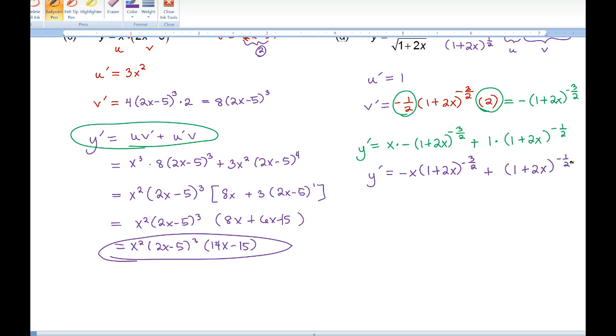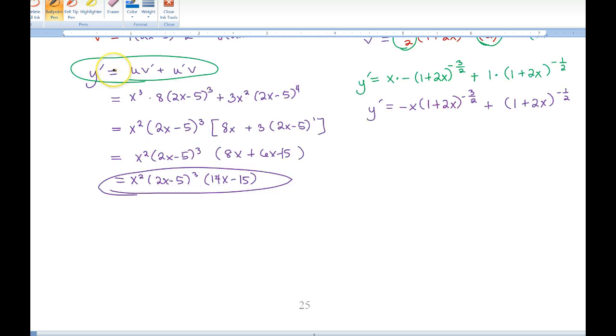Now this is where the algebra gets tricky, and I know that it's really hard to see what we want to factor out. Sometimes I think it's helpful to think of an easy algebra problem, like, let's say we have 2x squared plus 5x to the third. So what could you factor out? You factor out the smallest one, right? You factor out the x squared, so you get 2 plus 5x to the first.